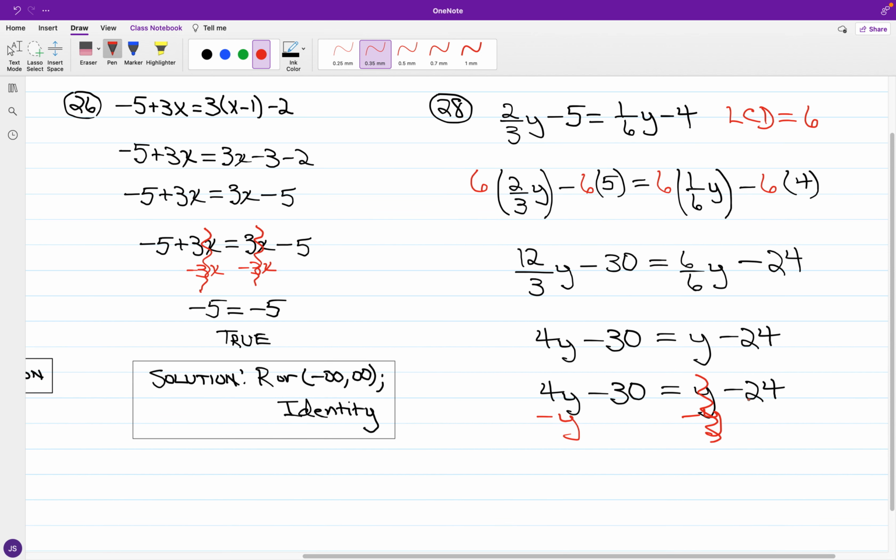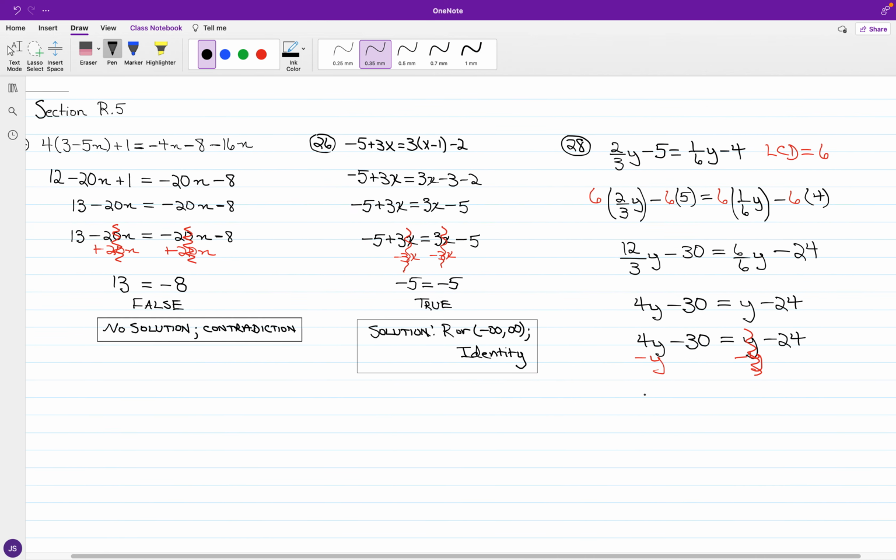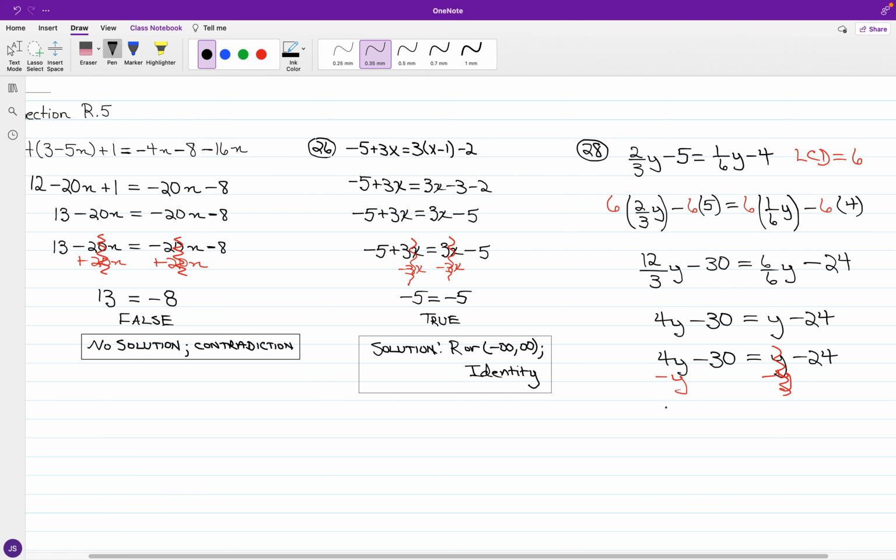So I just take y away from both sides. And so we've got 4y minus y, which would go to 3y. And we have 3y minus 30 is equal to negative 24. Looking at solving for y, we're down to 3y minus 30 is equal to negative 24.